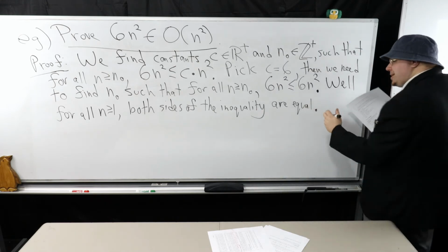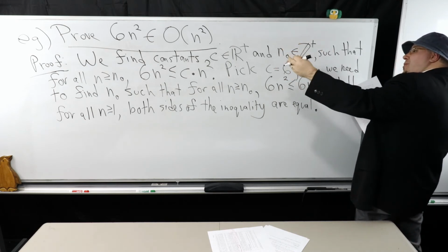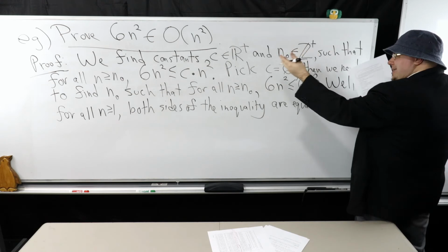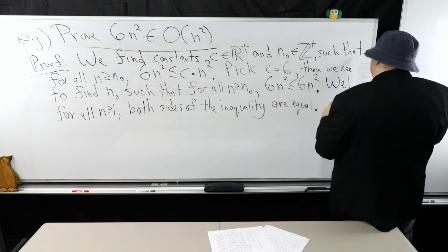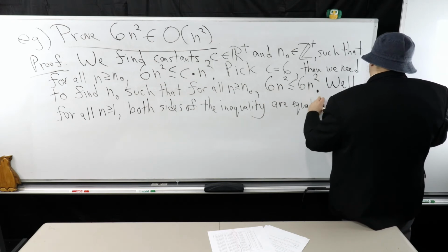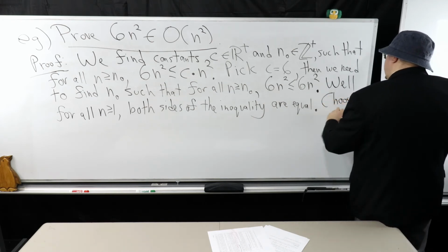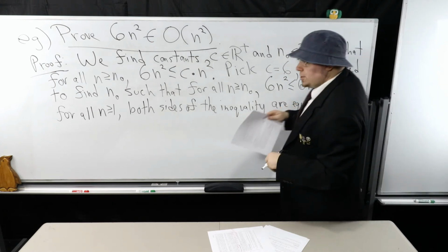So if they're equal to one another, remember, I need to find that point where they're equal or it exceeds it. But in our case, with the C I picked, they're just going to line up perfectly at all times, which is okay. So I'm going to choose n0 is equal to 1, and we're done.